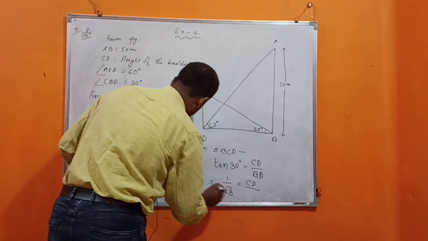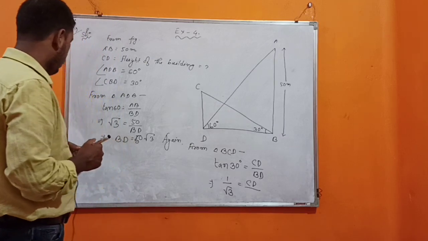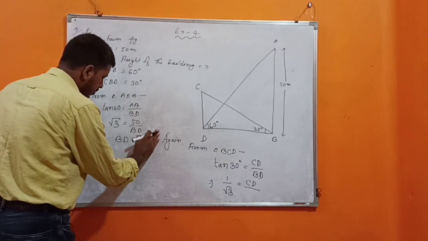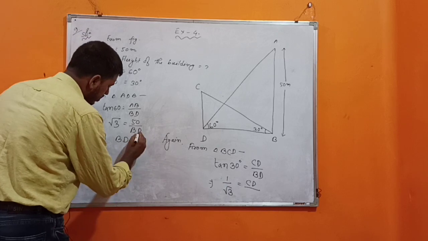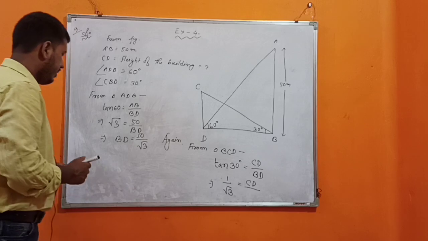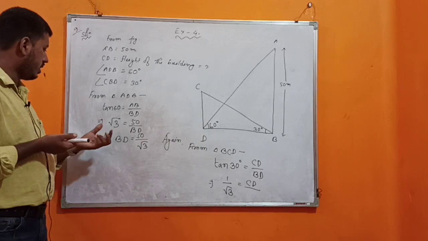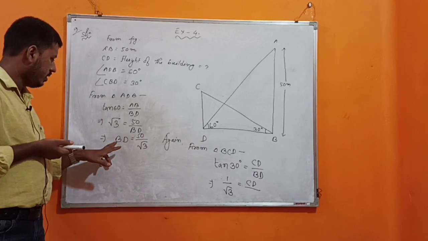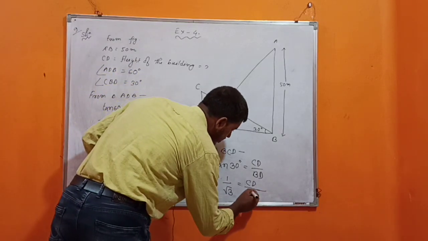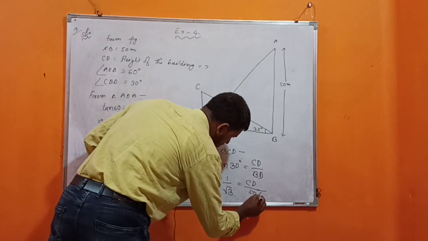The value of BD here we have got, BD equal to, not 50 root 3, BD equal to 50 by root 3. Okay, if we skip the line, then there is a probable chance for mistakes. So BD equal to 50 by root 3. I am writing the value of BD here as 50 by root 3.